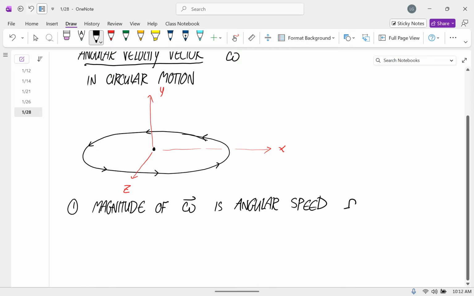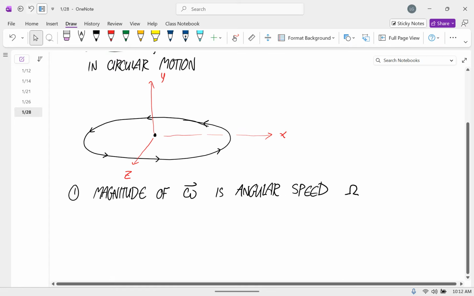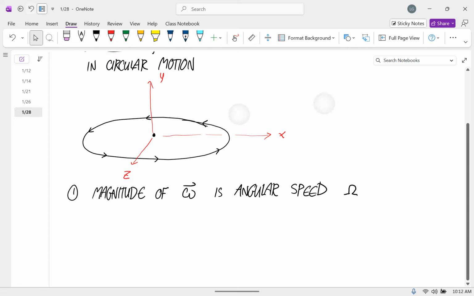And I'm going to call it capital omega, but it's not a vector. It's just a number. And that is equal to the derivative of the angular position with respect to time. And that's just always going to be a positive number. So we don't have to worry about directions or anything. Okay.